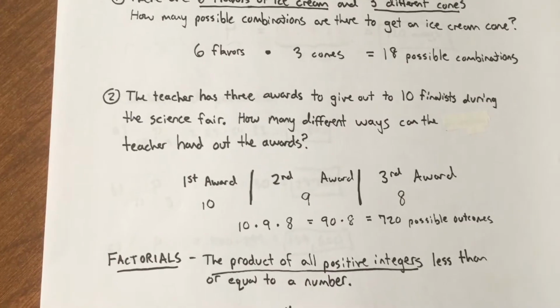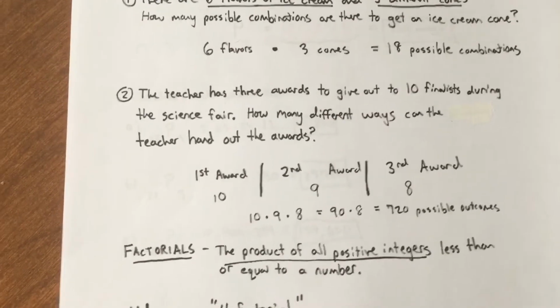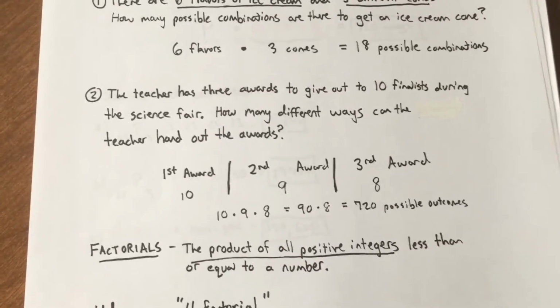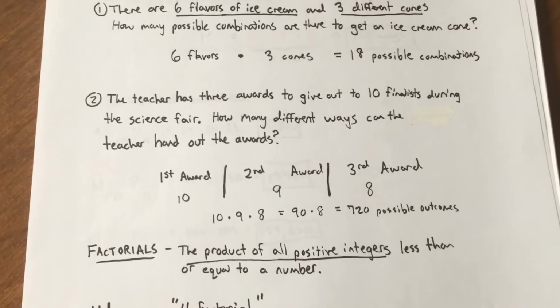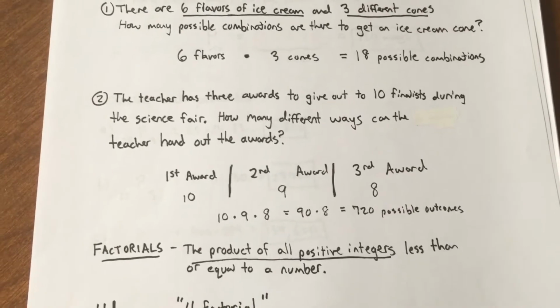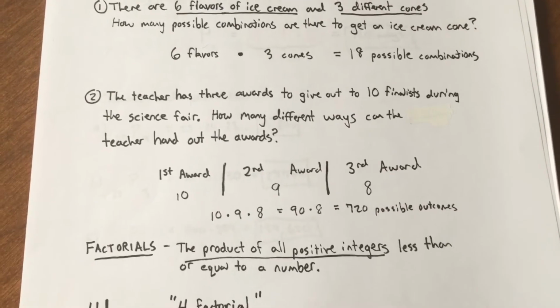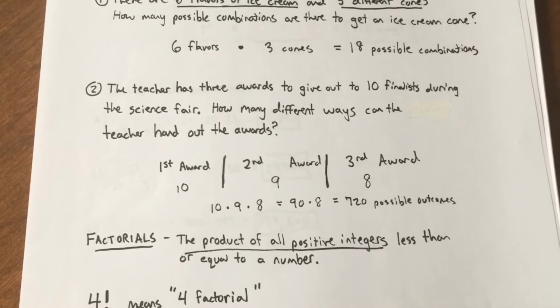Now, if you look at the next situation down below, this is a little different. This is more of a permutation example. The teacher has 3 awards to give out to 10 finalists during the science fair. How many different ways can the teacher hand out the awards?